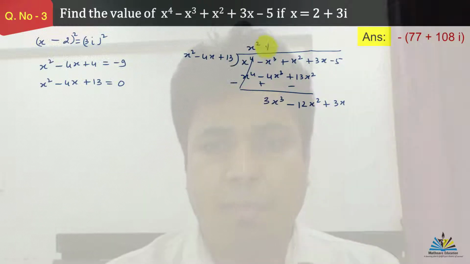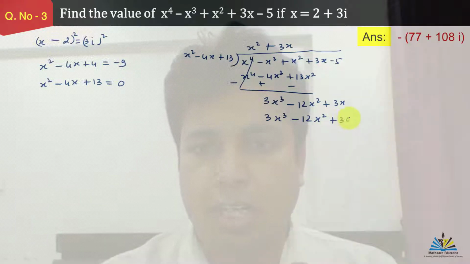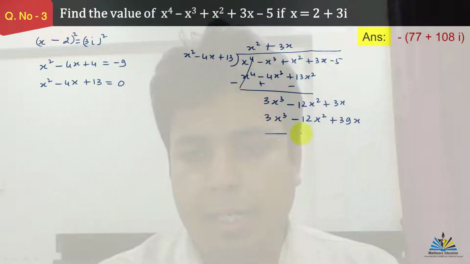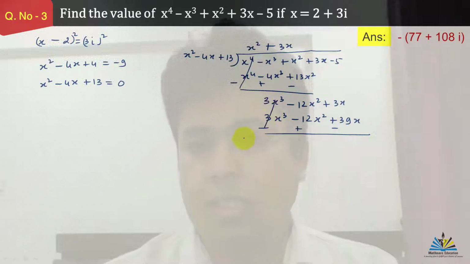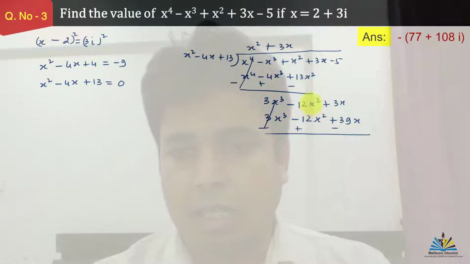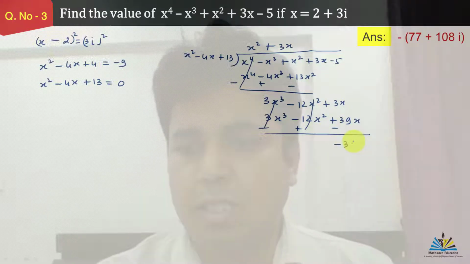Now if we multiply it by 3x, we get 3x cube minus 12x square plus 39x, and again subtract them. So this is 0 and this is also 0. So this becomes minus 36x.